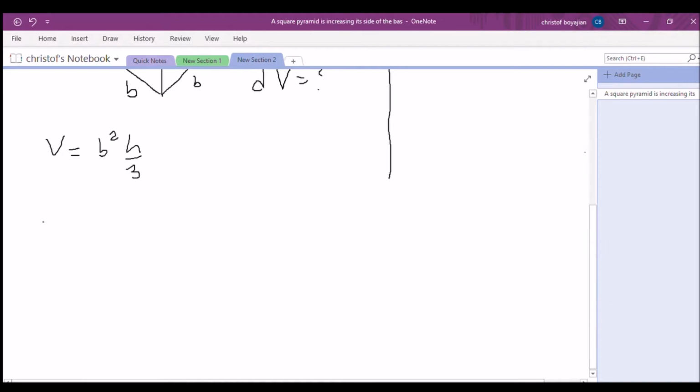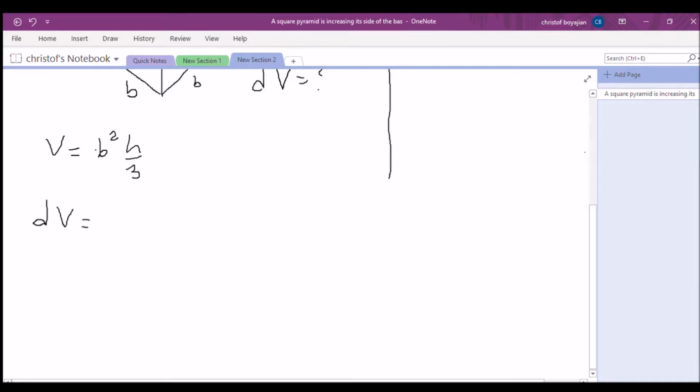So let's find dV. We take the derivative of V, which is dV on the left side of the equation. Now we need to take the derivative of the right side of the equation. Now we have two variables that we need to differentiate. So what does that sound like to you? Well, it sounds like a product rule, right?